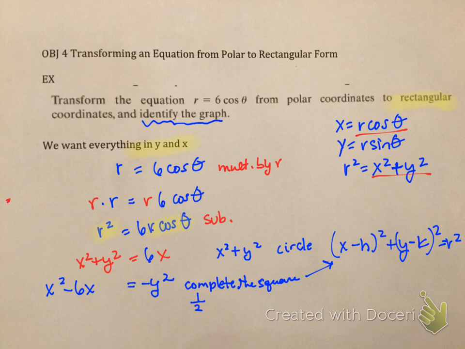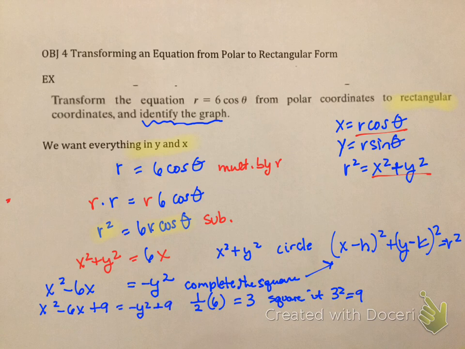My middle term is 6, so half of 6 is 3. And then I'm going to square it. So that becomes 9. So I have x squared minus 6x plus 9 equals negative y squared plus 9, because if I add 9 to one side, I have to do it to the other.